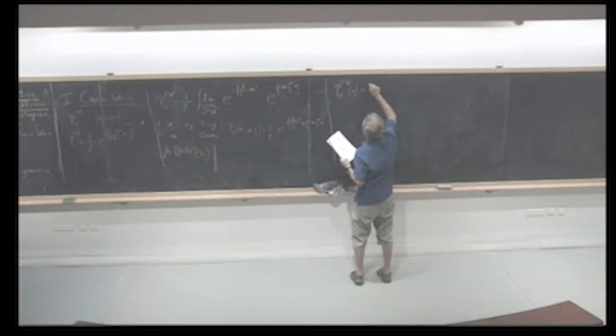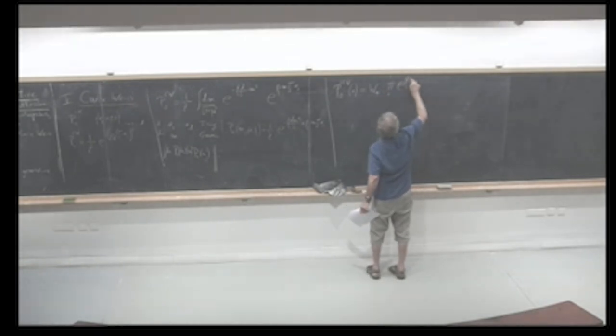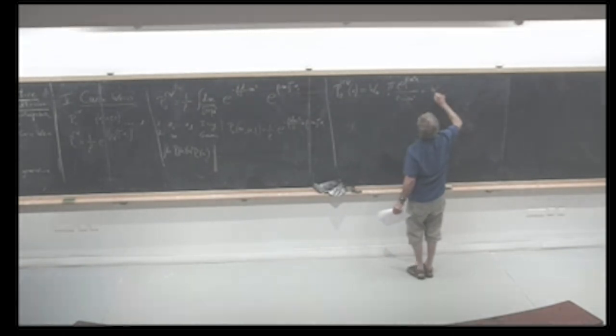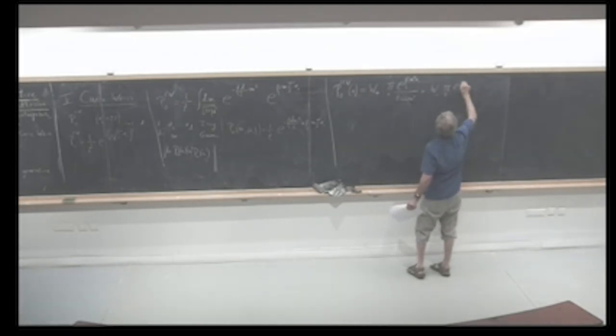I will write it as W plus product over i of e to the beta m star a_i over 2 cosh beta m star, plus W minus product over i of e to the minus beta m star a_i over 2 cosh beta m star.